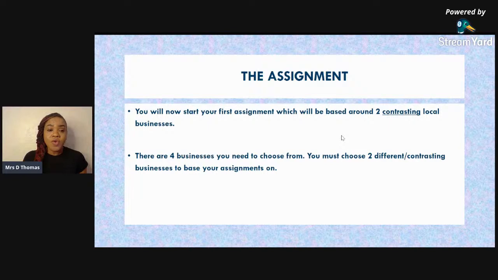You will have 4 businesses to choose from. You're going to write the description of 4, but you'll need to contrast 2. So you're going to compare and contrast 2. I will say again, only compare 2, describe 4.